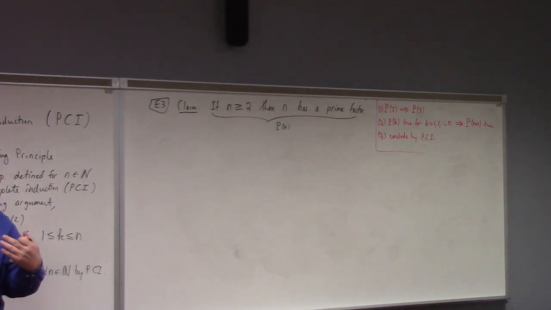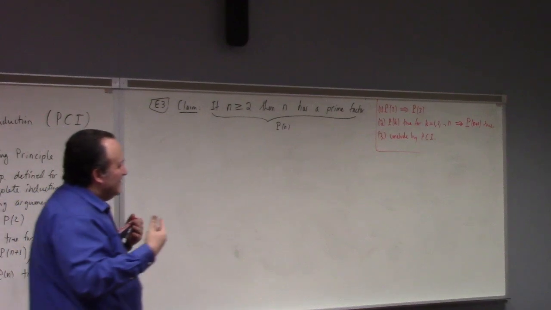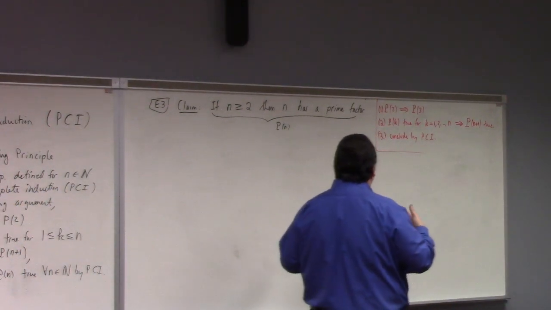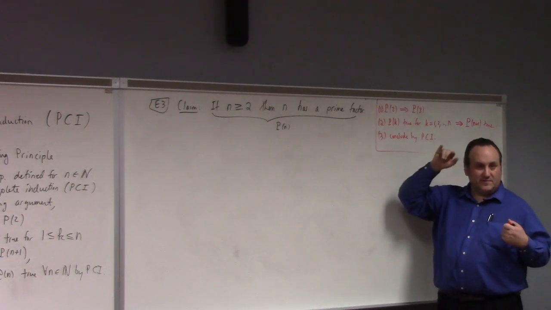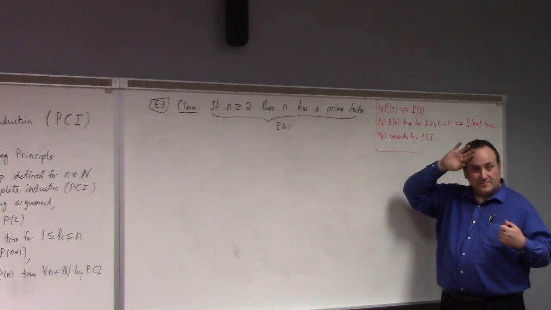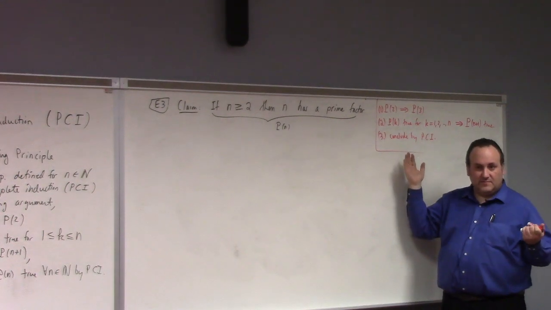Like, what's a stupid way of proving P of 2 implies P of 3? What if we just show that P of 2 and P of 3 are both true? Then the implication holds, right?